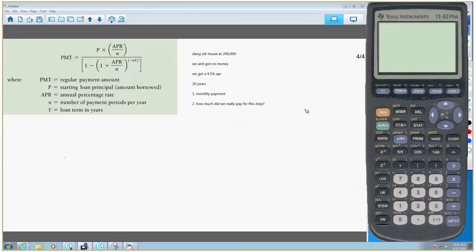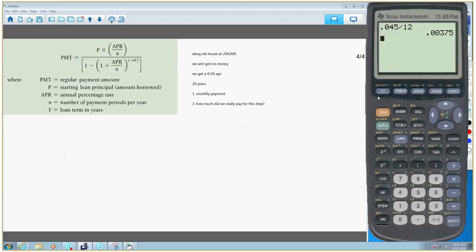Okay, so we have a dang old house payment at $200,000. We ain't got no money, so we can't put down a down payment. We got 4.5 APR at 20 years. So we can go ahead and figure our fraction. Well, it's 0.045 divided by 12.